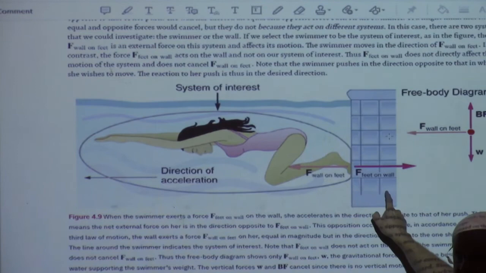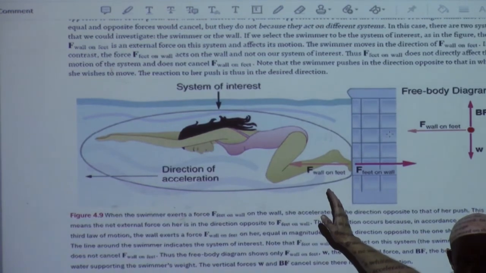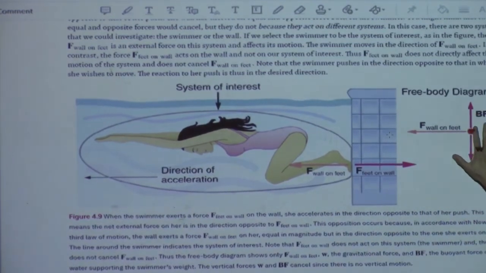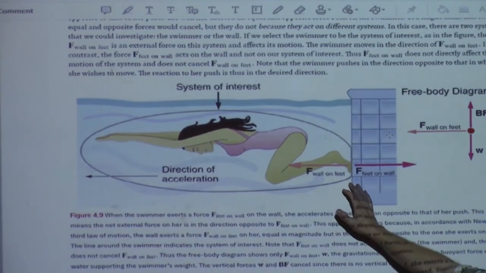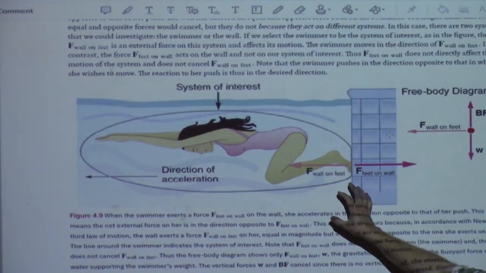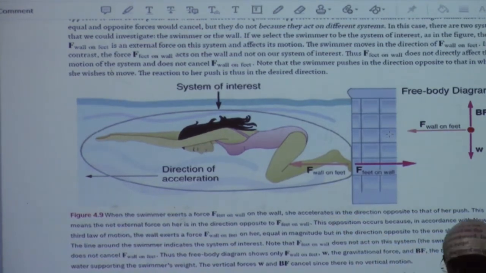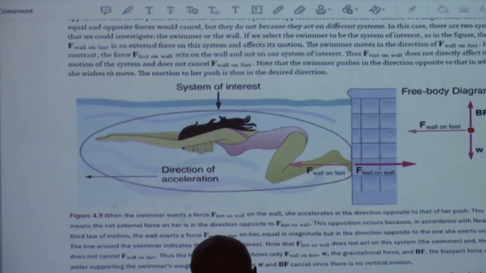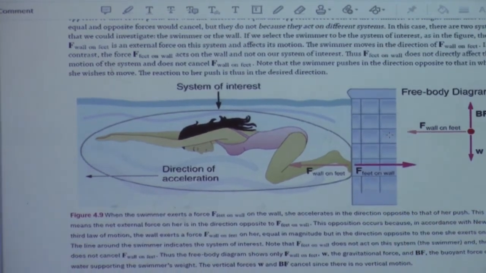Because then what does the third law say? The wall puts a force on the swimmer. So when we do our free body diagram, which of these two do we want, or do we want both? Well, the answer is we want the one on the swimmer. So this one here, which is on the wall, we don't want in our free body diagram.